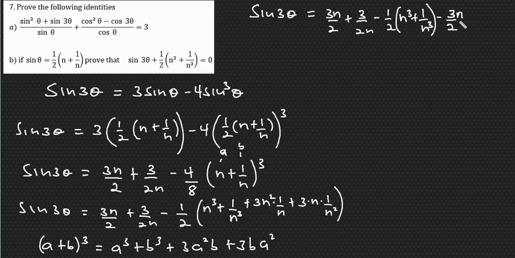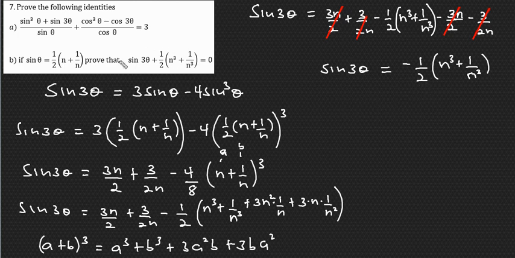So it is 3n over 2. Then negative a half with the last term, which is 3 over n, will give us a negative 3 over 2n. So we get sine 3 theta equal to, so observe that this is 3n over 2 minus 3n over 2, that goes, 3 over 2n goes with that, so we remain with a negative a half into n cubed plus 1 over n cubed.